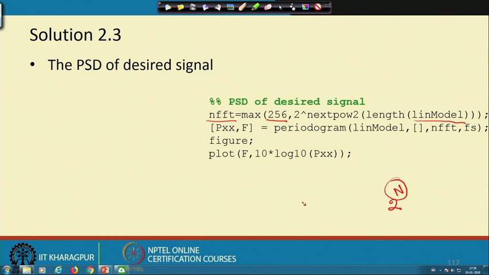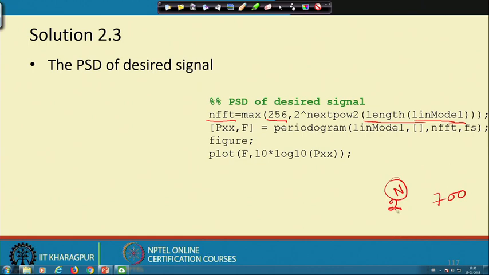And from the signal we would like to get a length which is a power of 2 as well as bigger than the linear model. So, for that, first we take the length of it. We know the length of it is 700 in this particular example.